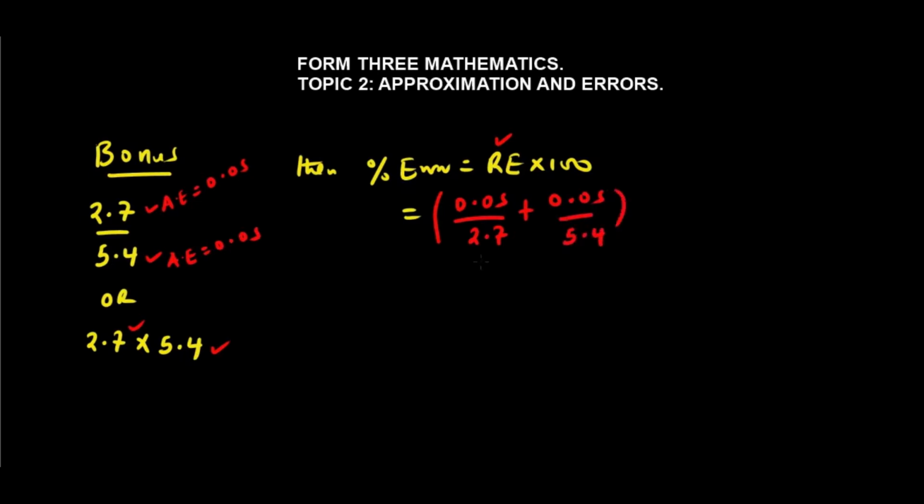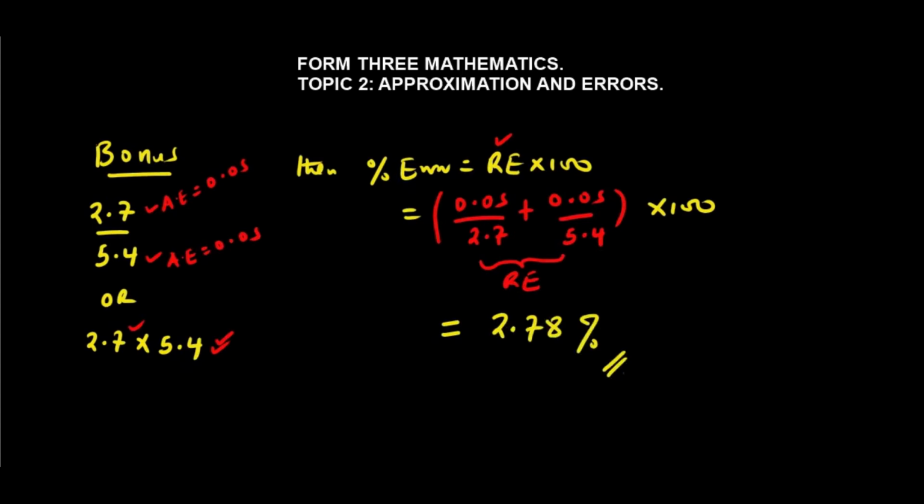Now this should represent the relative error in the quotient, and the same should also apply for the product. So once we've gotten this, next we multiply by 100, and the result should remain the same. We should have 2.78%.